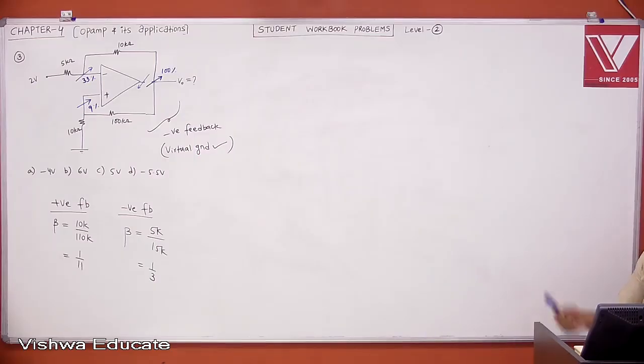What is beta? Beta is nothing but sampling factor. Negative feedback, sampling factor.